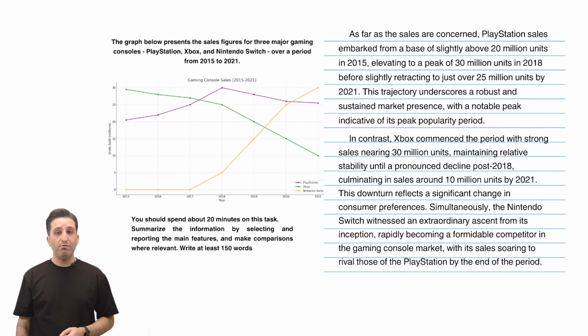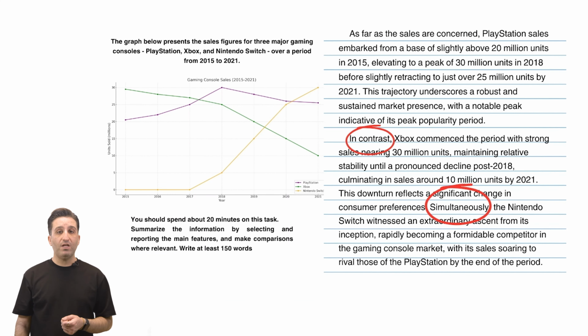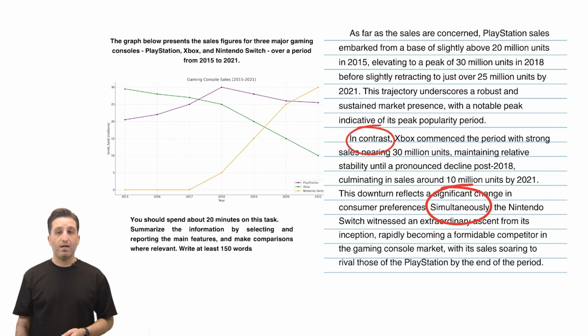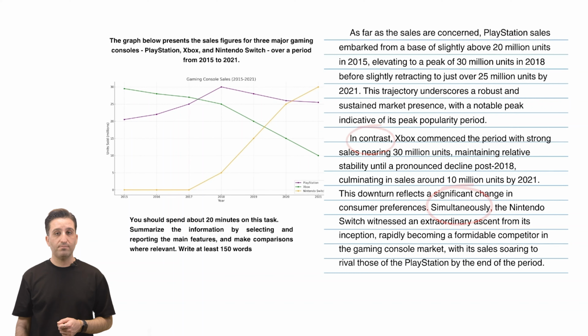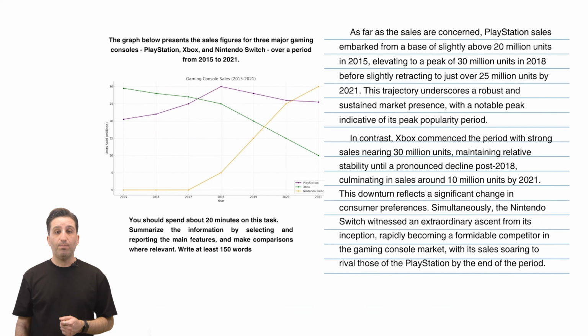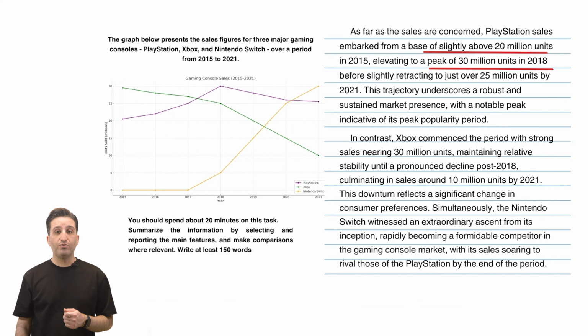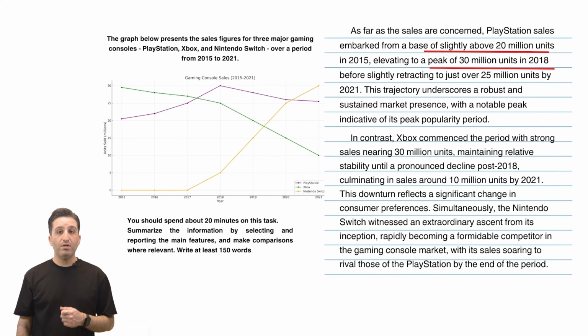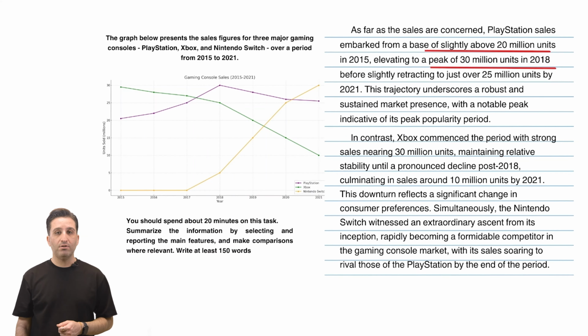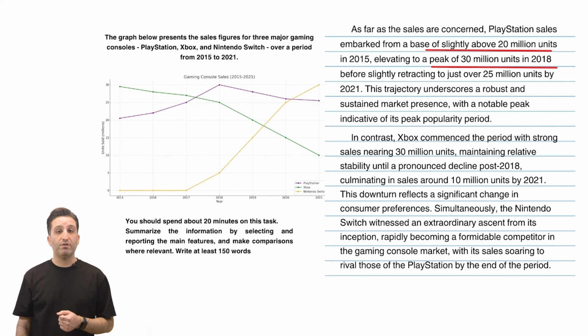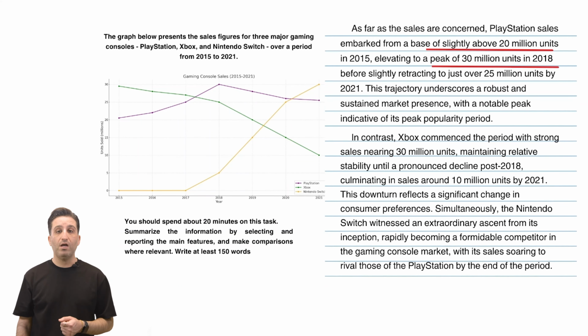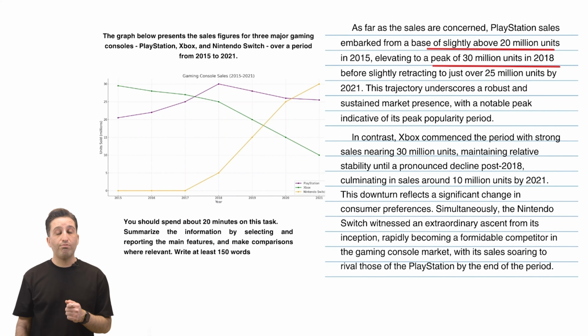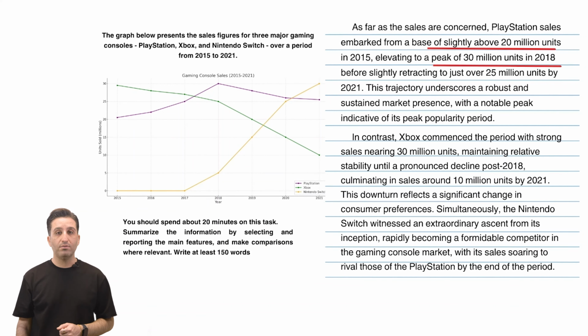The use of comparative language, "in contrast," "simultaneously," and similar structures effectively highlights differences and similarities between the two consoles. The inclusion of specific data points, "slightly above 20 million units," "30 million units in 2018," demonstrates an ability to reference and summarize data accurately, a core requirement of Task 1.